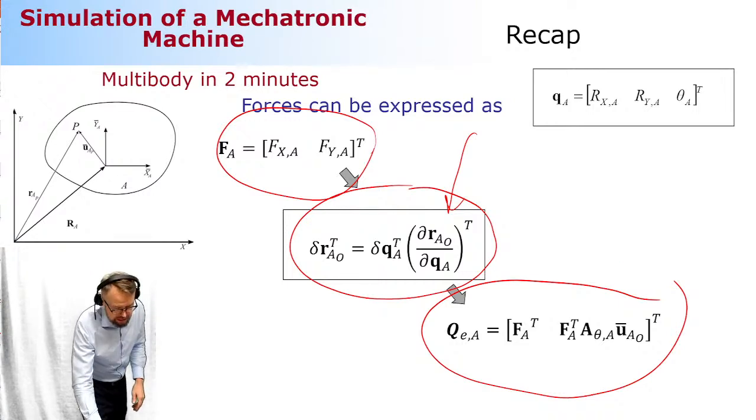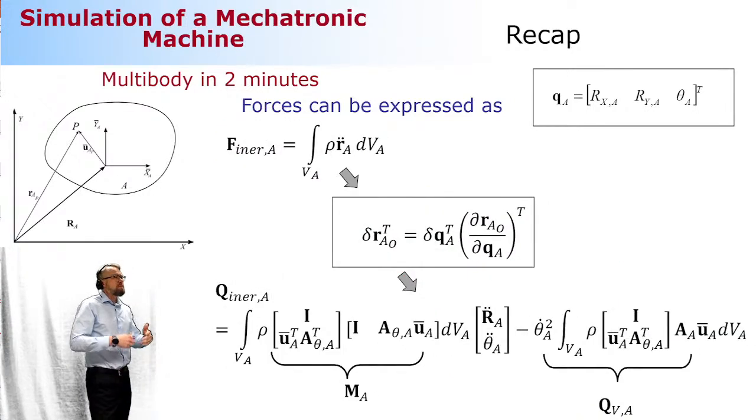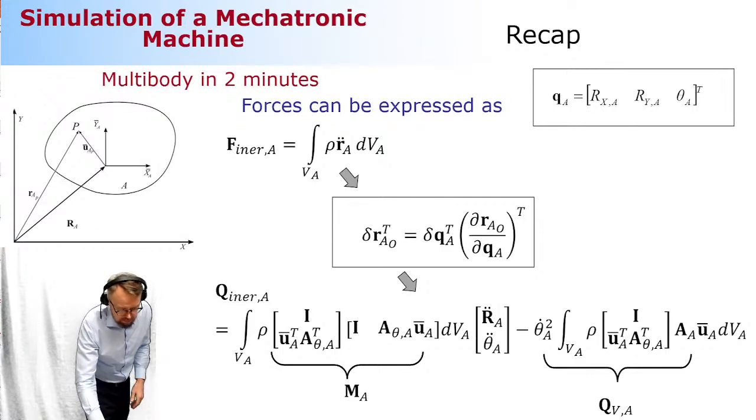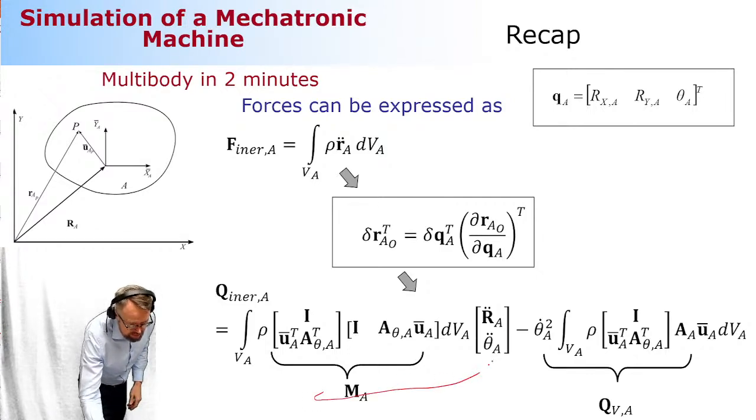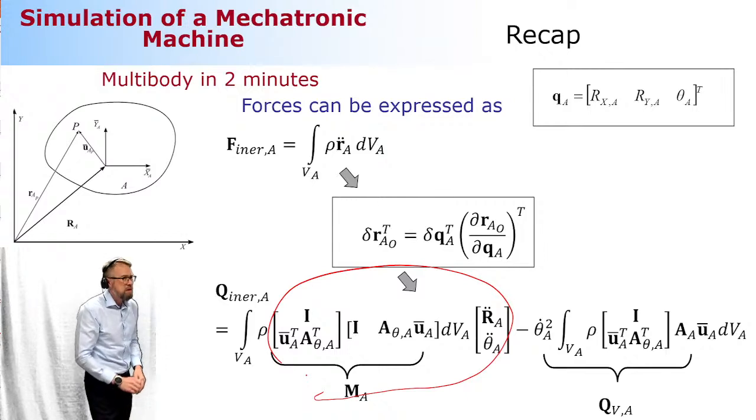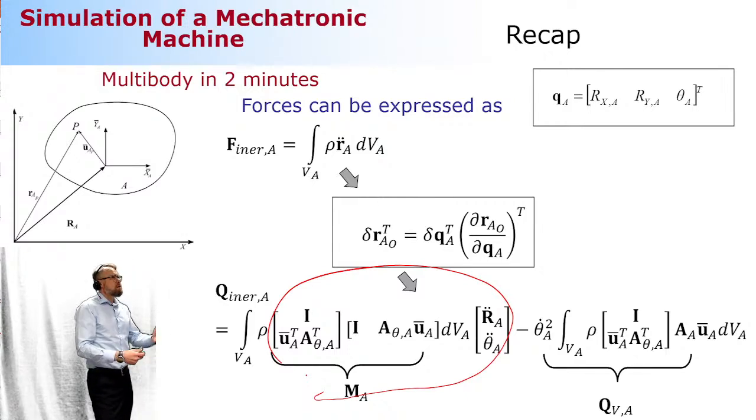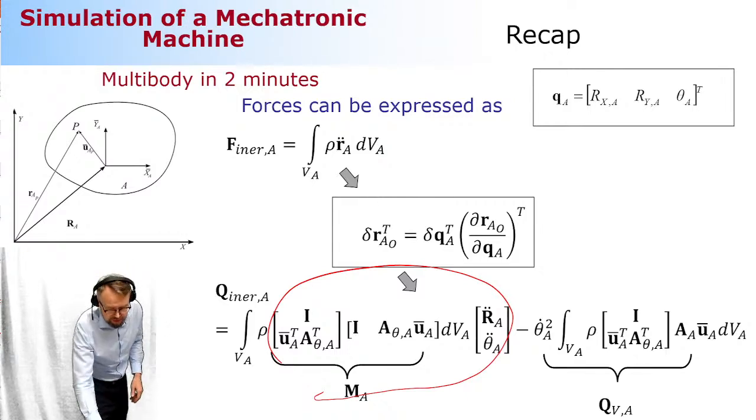And then we can do the same for inertial forces. It's mathematically way more involved. It's a big mess. But once we do this math, we get the components such that there's a mass multiplied by acceleration of generalized coordinates and a quadratic velocity vector. All right.